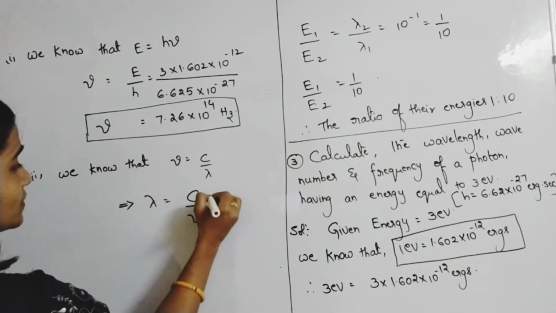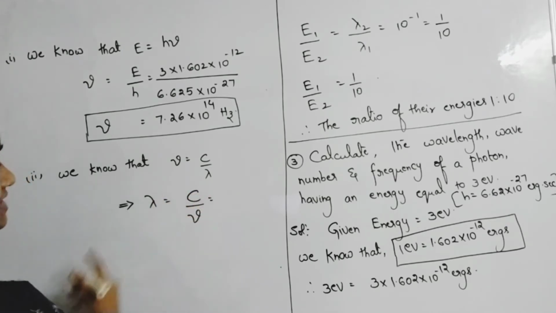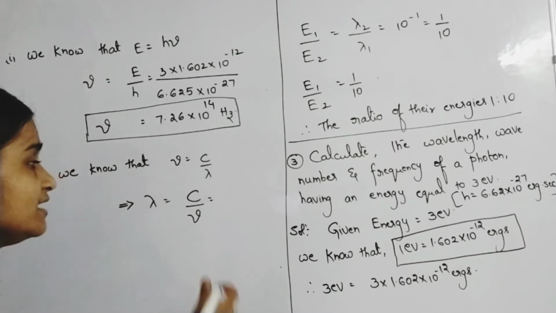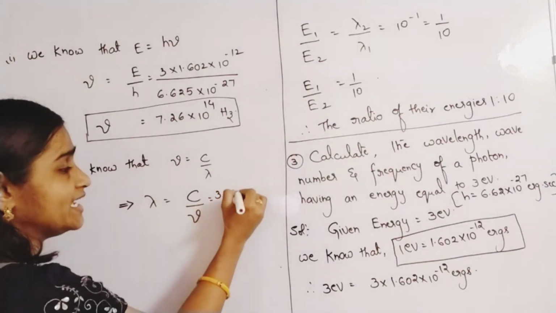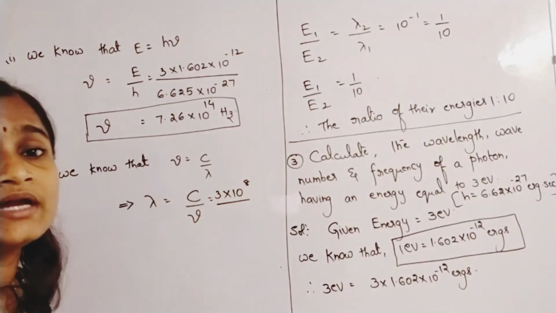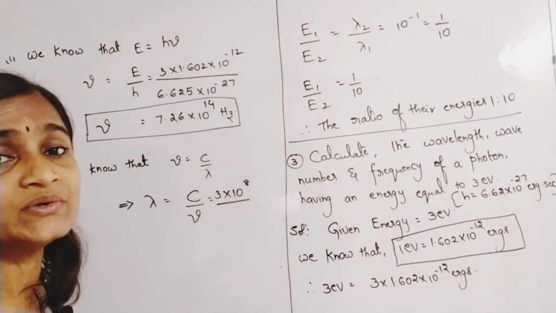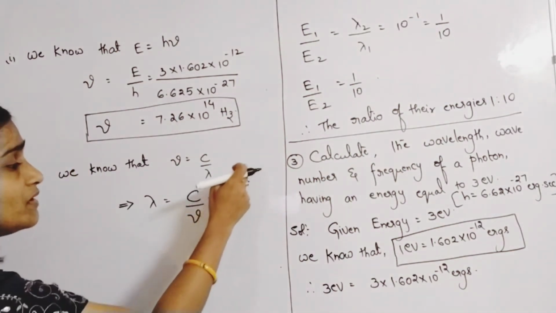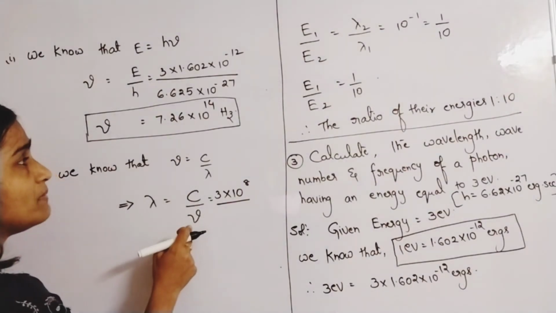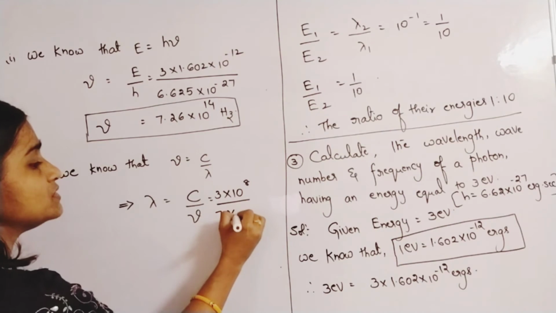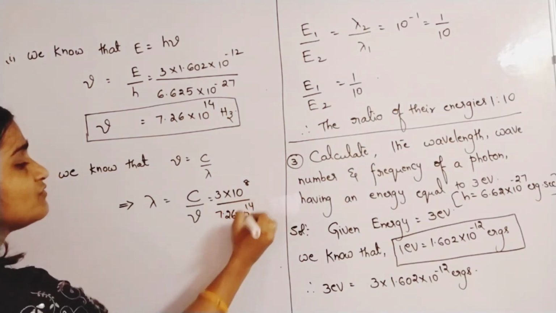So lambda is c by nu. C value is a universal value, that is 3 into 10 to the power of 8 meters per second, the velocity of light. That is a fixed value. You have to remember that value. So 3 into 10 to the power of 8 meters per second by the nu value, 7.26 into 10 to the power of 14.